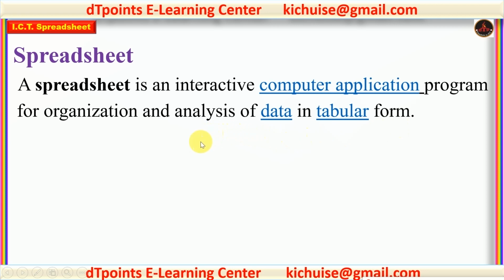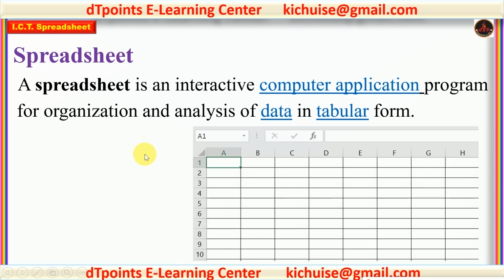It is an application which can aid users to organize data in tabular form, and that is exactly what the spreadsheet is. So the key term here: the application is interactive, and it is an application program.